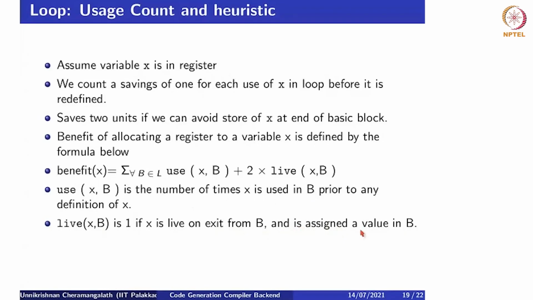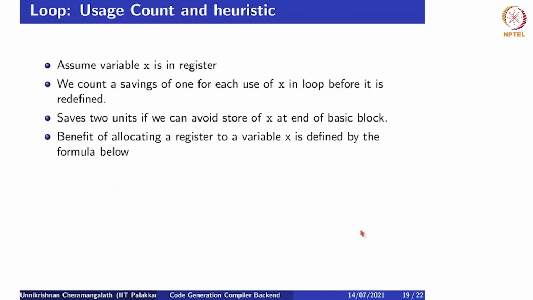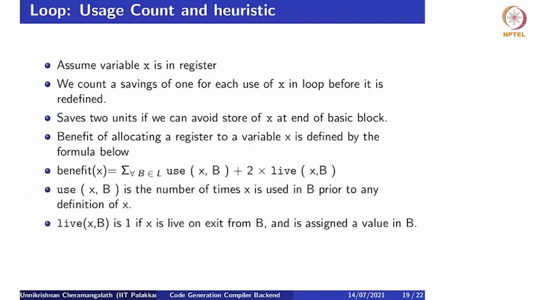So based on this formula, if you note down, benefit is use(x,b) plus 2 into live(x,b). Use(x,b) is the number of times x is used in b prior to any definition of x. Live(x,b) is 1 if x is live on exit from b and is assigned a value in b.